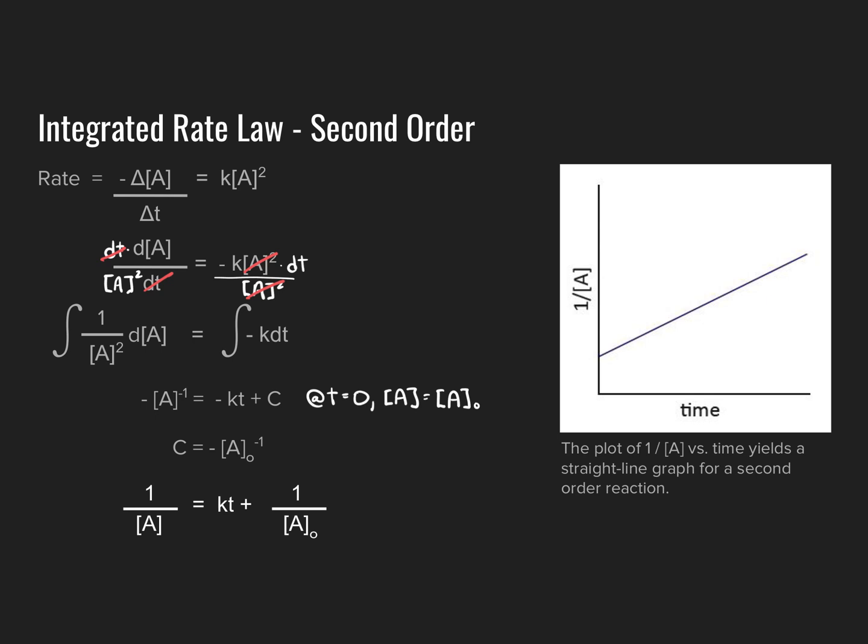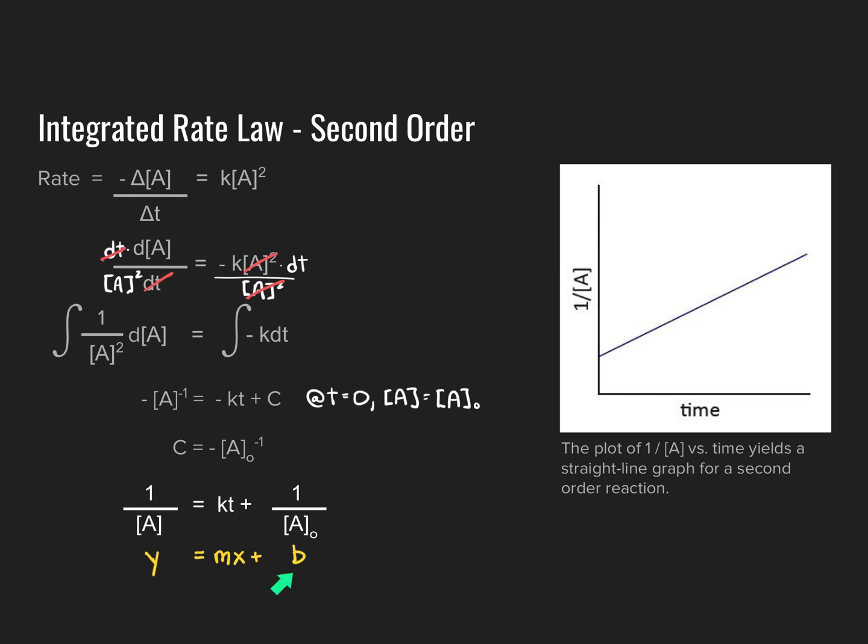Now, importantly, folks, something I want to look at here for a quick moment is what we see when we look at that particular equation. This equation is in the format of a straight line. That straight line essentially is a y equals mx plus b format. Now, in this particular instance, the y variable is really represented by my 1 over the concentration of A. M, in this case, would be the rate constant K, and X would be the time t since the reaction started.